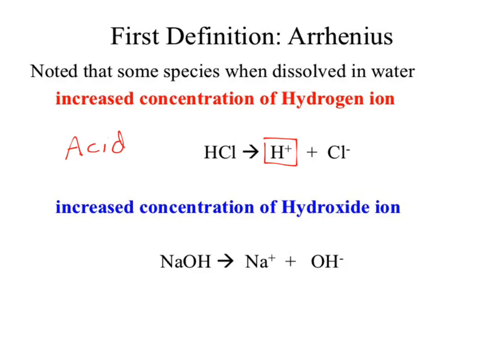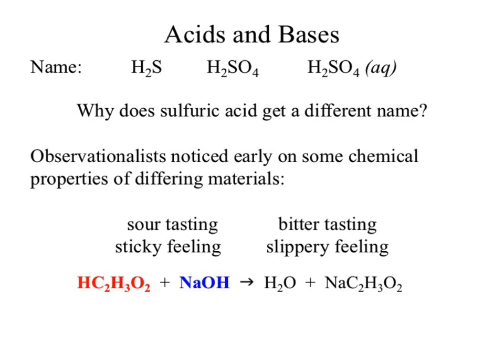A hydrogen atom has one proton, one electron. How many neutrons? None. So if I look at the hydrogen ion, what have I done? I've removed an electron, and so the only thing left is a proton. So we can refer to the hydrogen ion as a proton. When we're looking at the acid-base reaction, we're not talking about adding a proton to the nucleus of our atoms.